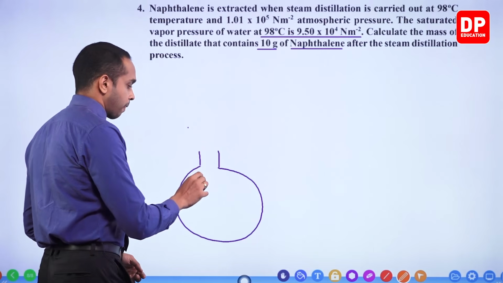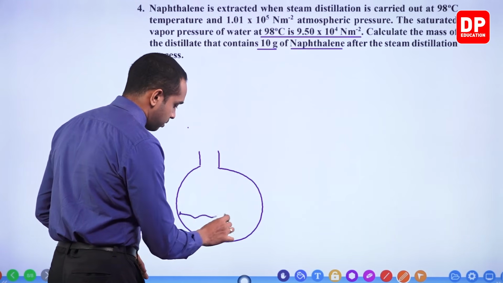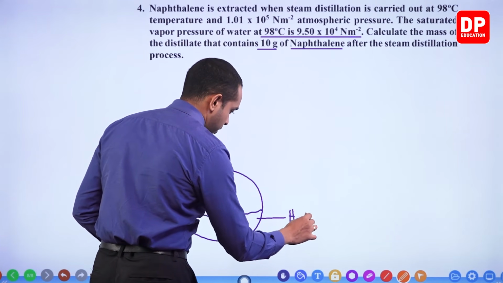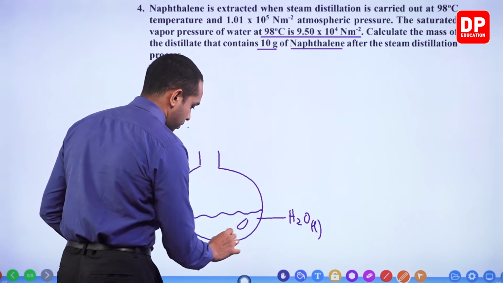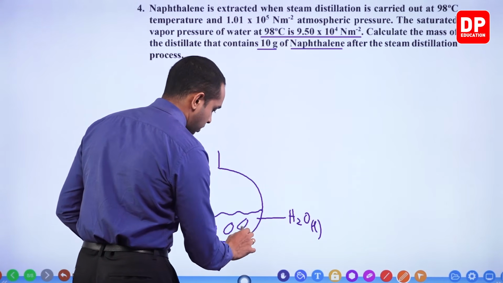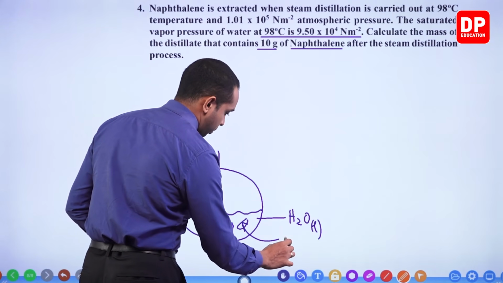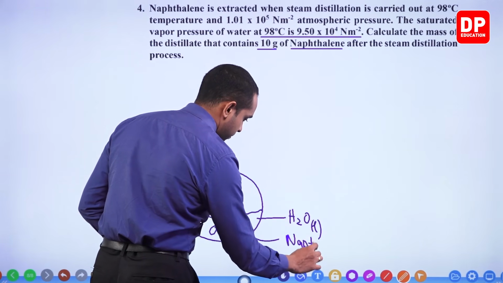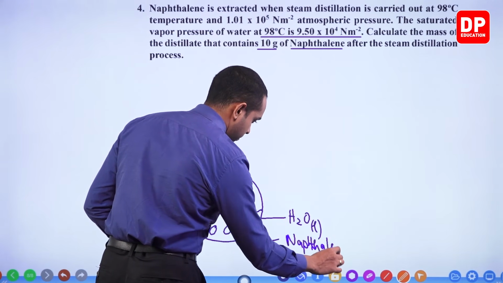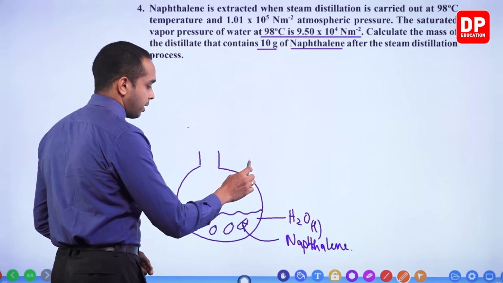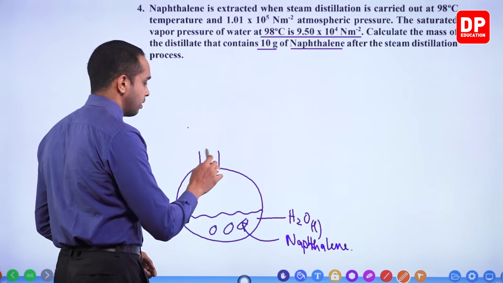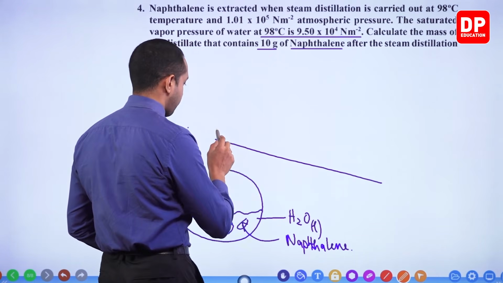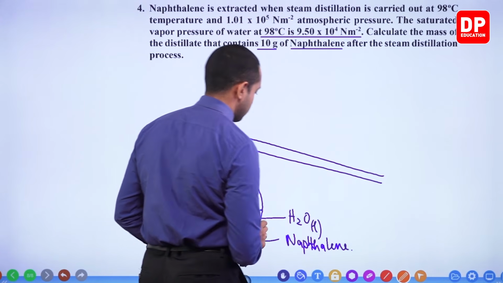Okay. Now over here we have our water, H2O liquid, along with, let's say, whatever we extract naphthalene from, right? So in the vapor here, I will draw the vapor separately, and apart from that we have our condenser, right?